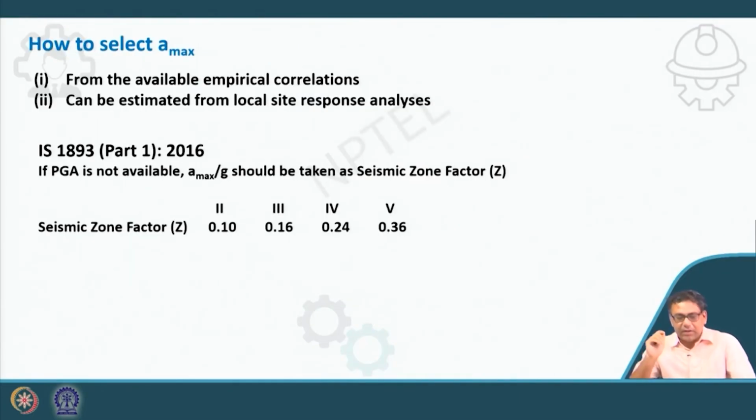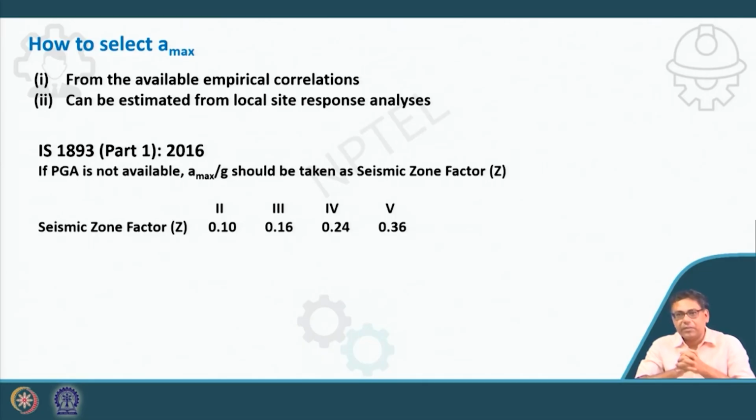Now the very important question is how we will select the Amax. In the last week's class I discussed that we can use the available empirical equations or correlations to get the Amax, or PHA, peak horizontal acceleration. But you have to remember that it should be the ground surface acceleration.